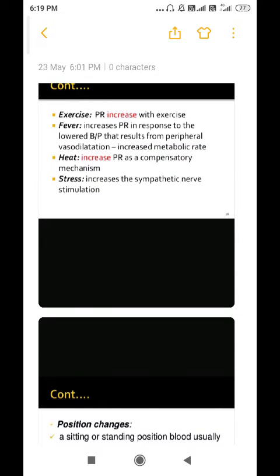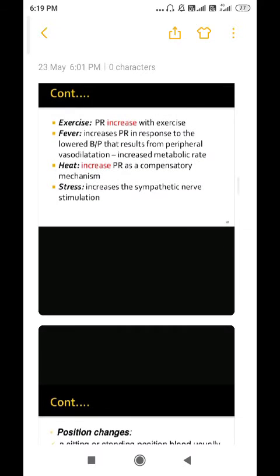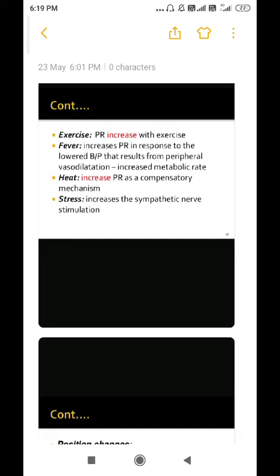Next, exercise. Pulse rate increases with exercise. For example, morning exercise is most important for our body. Why?